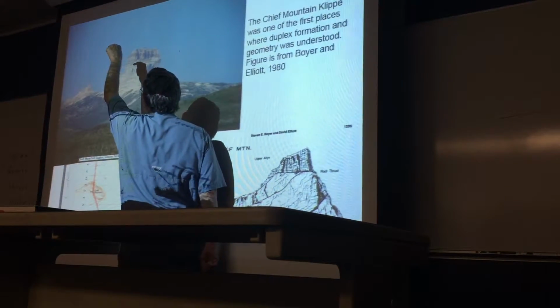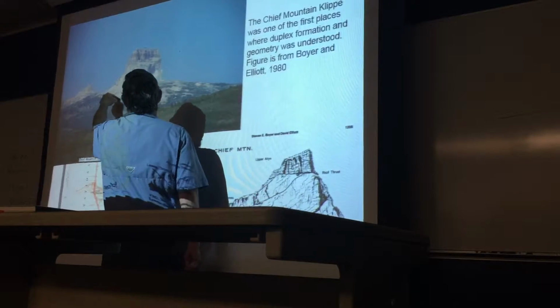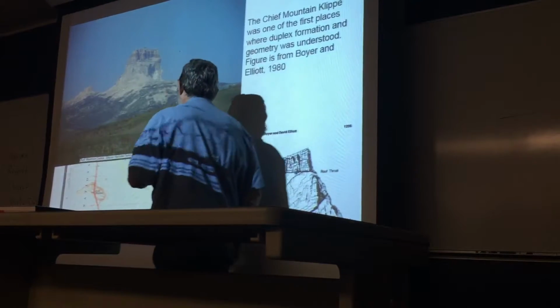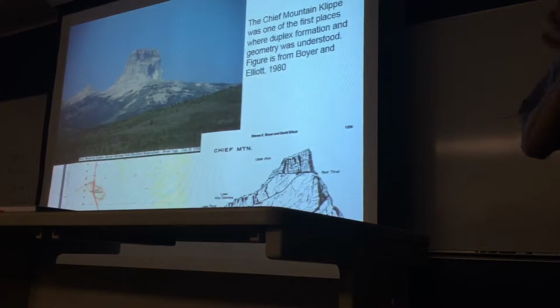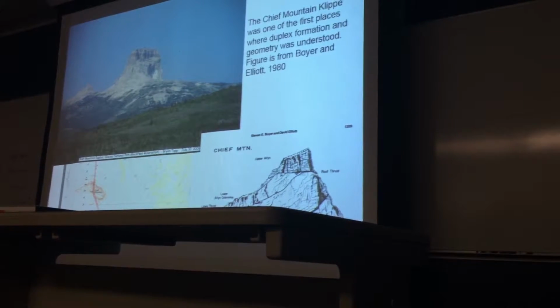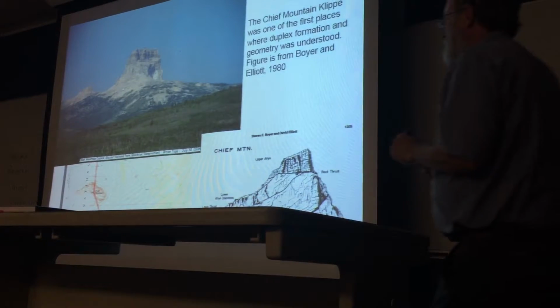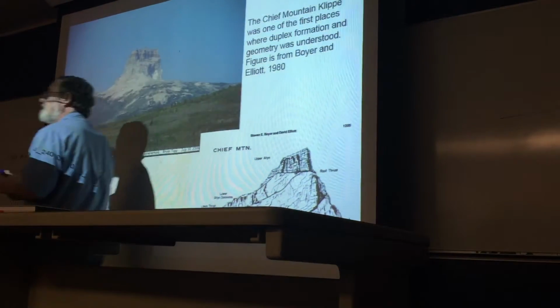And you can see it beautifully exposed. That's a thrust fault. There's another thrust fault that comes up through here. And so this is part of a thrust system. This is part of a duplex that we need to learn about that geometry, but it's beautifully exposed in the field.